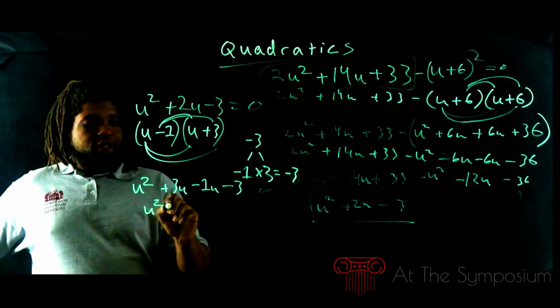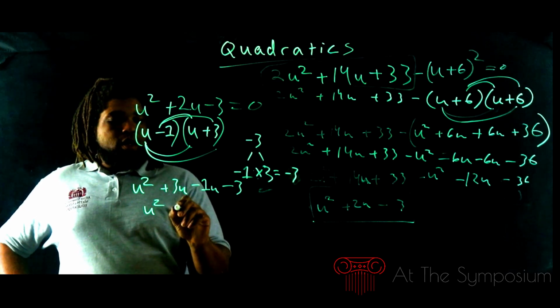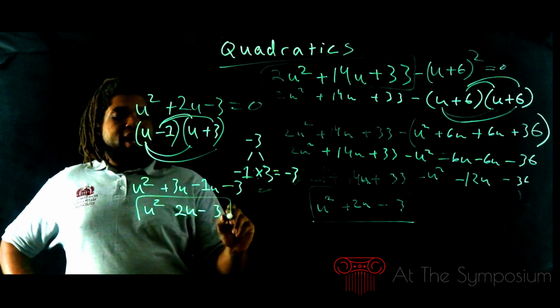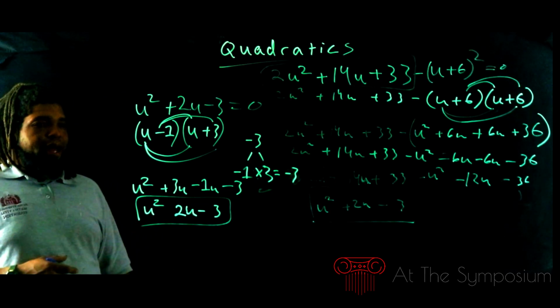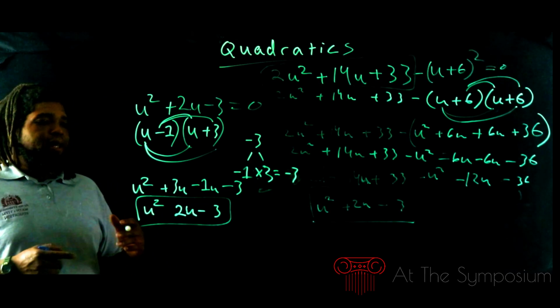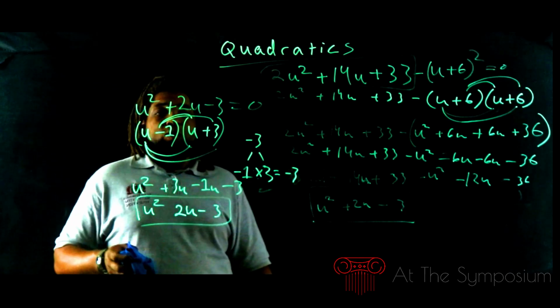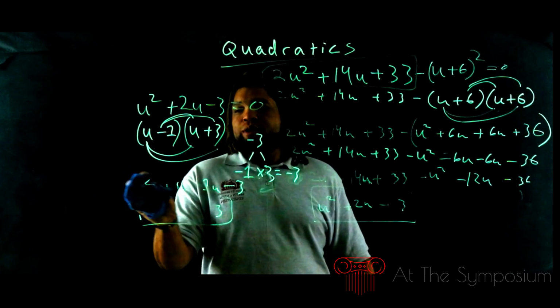Then we combine the like terms: u squared, 3u minus 1u gives 2u, minus 3. So I'm back to the same answer. That's how it works. It's just broken down, but if you do it back, you find the same answer. That proves we got the right numbers.